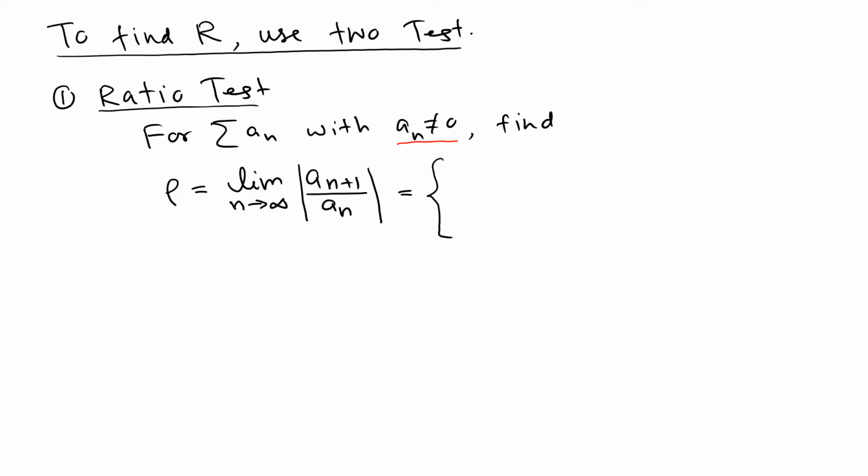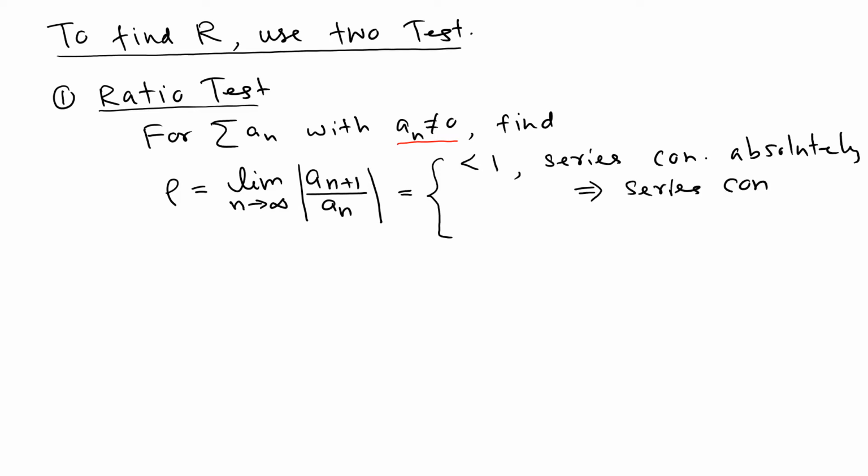The first one is this limit can be less than 1. If the limit is less than 1, the series converges absolutely, which implies that the series converges. The second one is this limit can be greater than 1.